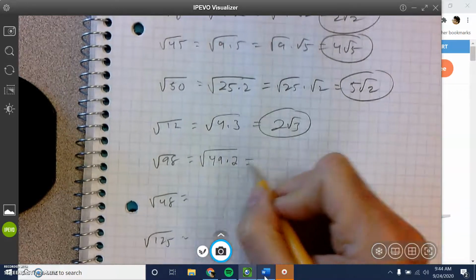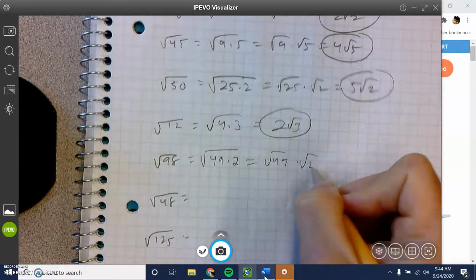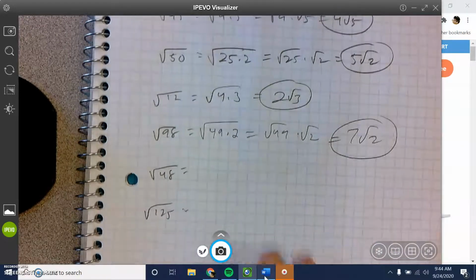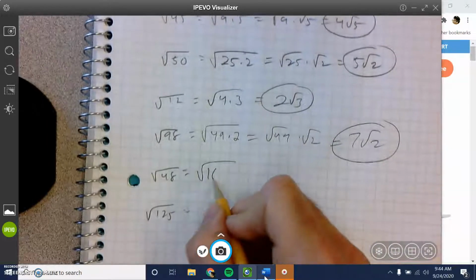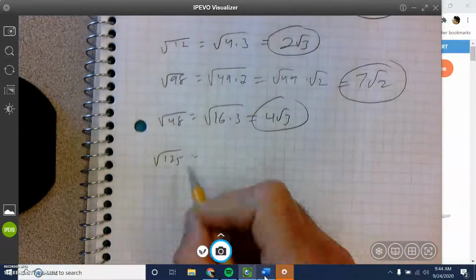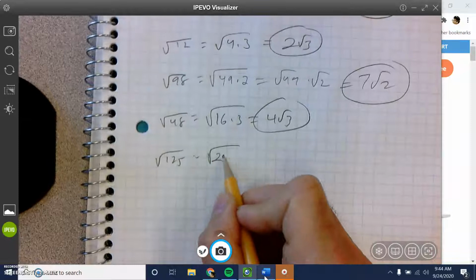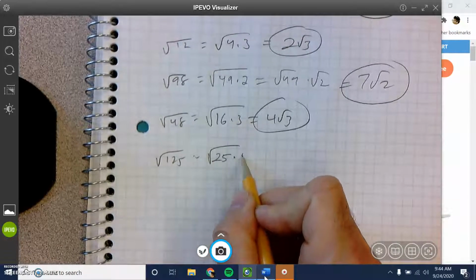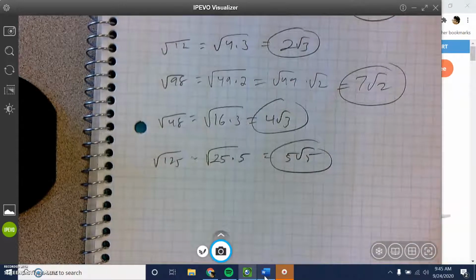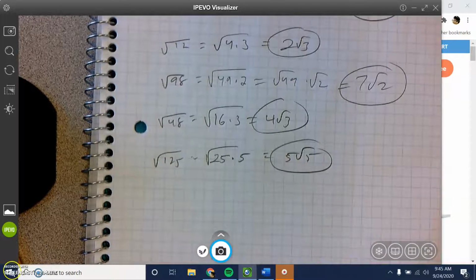So square root of 49 times square root of 2, which is 7 radical 2. Yeah, hopefully you got that one. Square root of 48, we did that before. 16 times 3, which is 4 radical 3. And last one, which is square root of 25 times 5, which is 5 radical 5, which is the last one. Cool. Good work. Keep crushing it. Nice job.